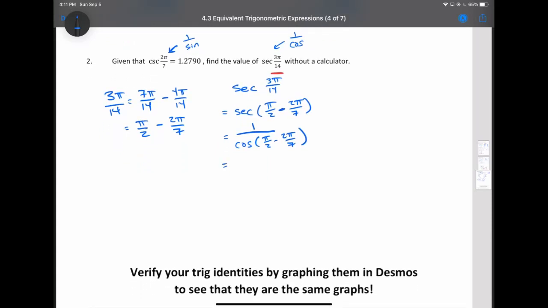So that's going to be equal to 1 over sine of 2 pi over 7. But 1 over sine is cosecant. And I think I know the value of cosecant of 2 pi over 7 because I'm given it right there.